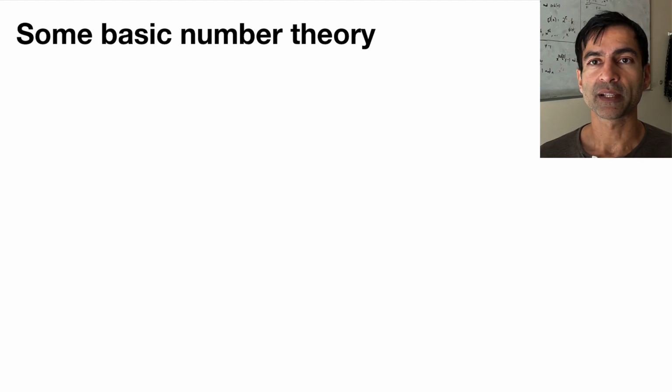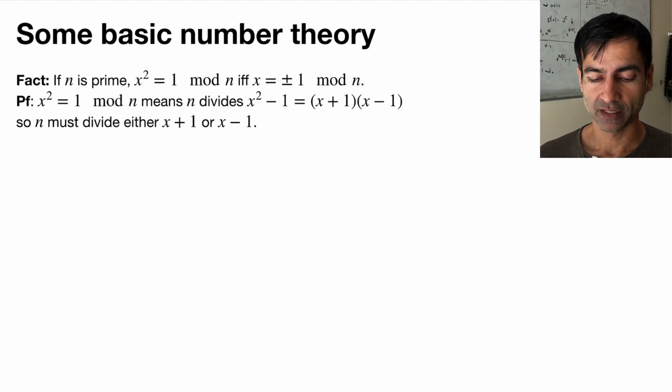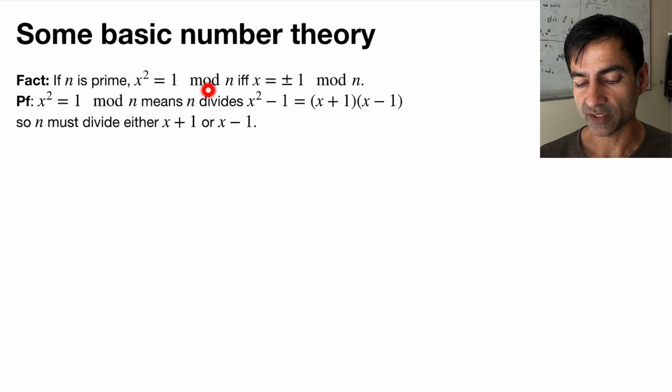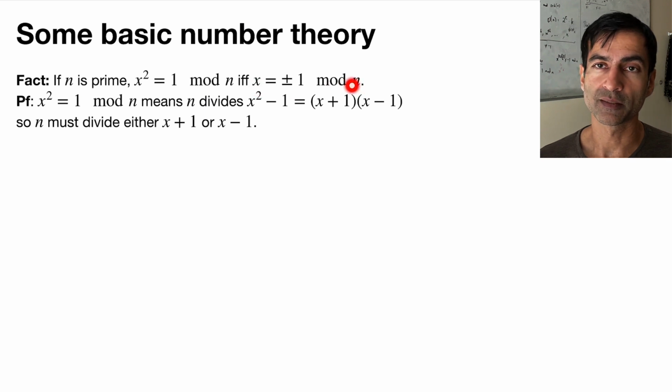All right, now let's review some basic facts about numbers. The first fact that I want to review is that if n is a prime number, then there are no surprising square roots of 1. Meaning that if x squared is equal to 1 modulo n, this can happen only if x is plus or minus 1 modulo n.